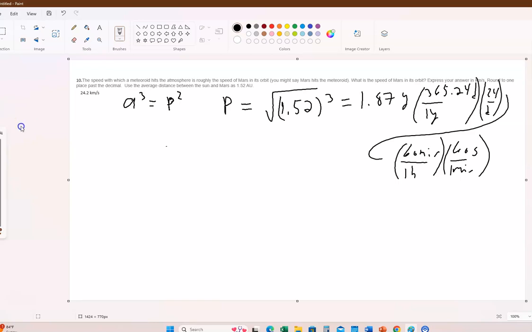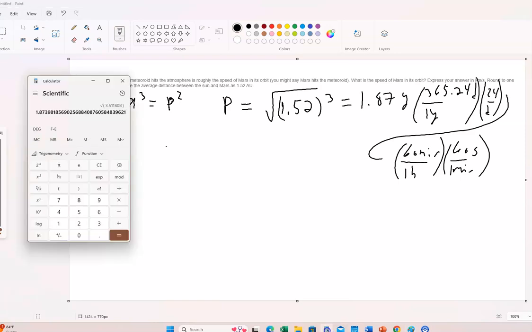All right, so let's figure out what that is, since we already have the amount of time it takes the planet Mars to go all the way around the sun. So it's 1.87 years, the unrounded version.